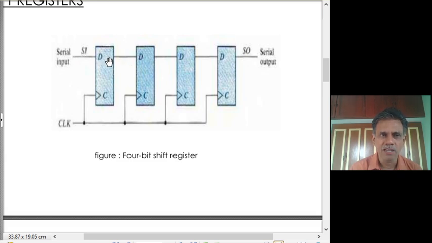These have to be the D input and this has to be Q. So the D and Q have to be interchanged. That is, you change the position of this D flip-flop so that on this side there will be a D input, there will be a D here, here and here, and these will be Qs. That is, the serial input will first go to this rightmost flip-flop, then it will go to the next flip-flop and so on. Then this way you can do a left shift operation.